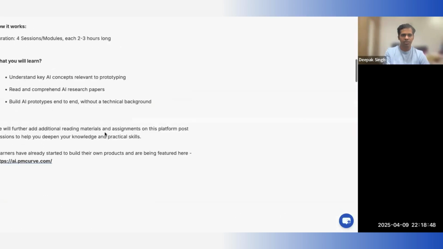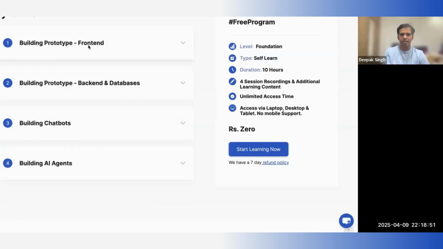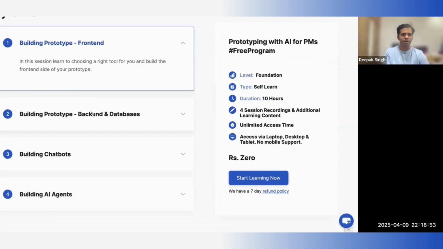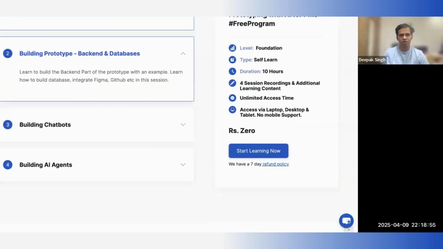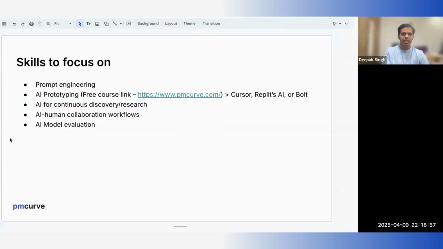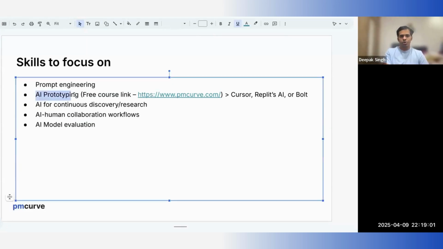It's all free, so you can understand backend, front end, DB, chatbots, AI agents. You can go through all of that. You can start anytime. Definitely learn AI prototyping. If you want to learn beyond this course, figure out other resources and learn from there.